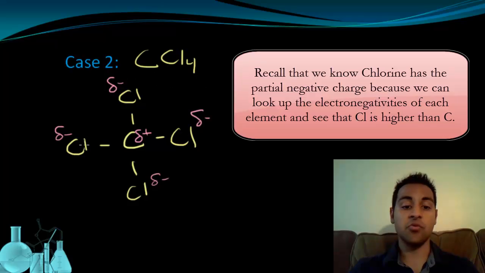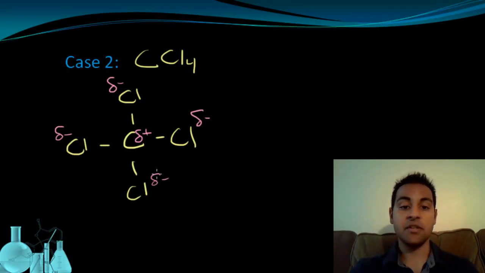Now this is a molecule that's made up of polar bonds. However, you'll notice that it's symmetrical in its arrangement. The top bond is basically completely opposite in polarity to the bottom bond. And the direction of polarity on the left bond is entirely opposite the direction of polarity on the right bond. So basically the bonds that are opposite each other are canceling each other out in terms of polarity.